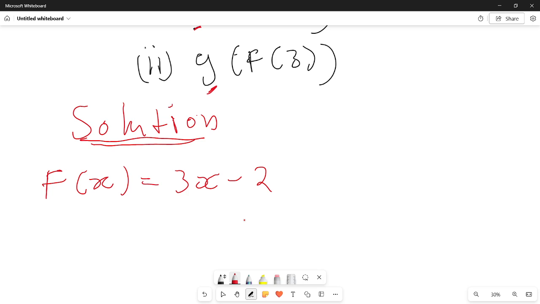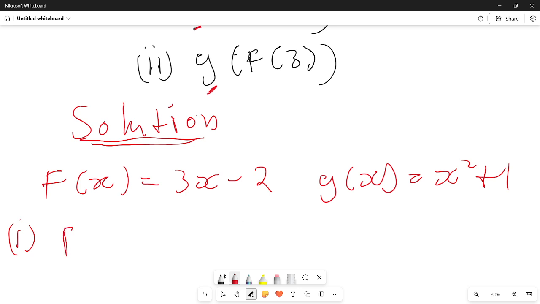And we have also been given that g of x is equal to x squared plus 1. So for us to solve the first one, we need to define what is f of g of x.